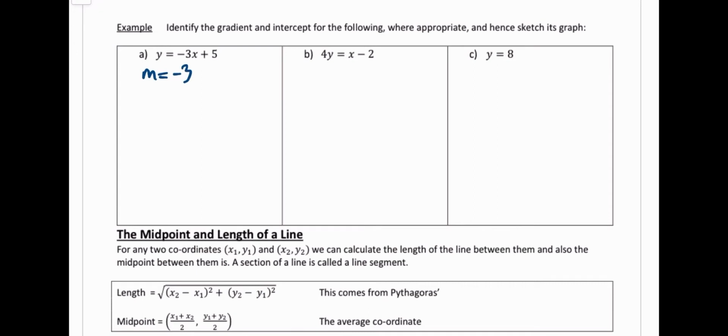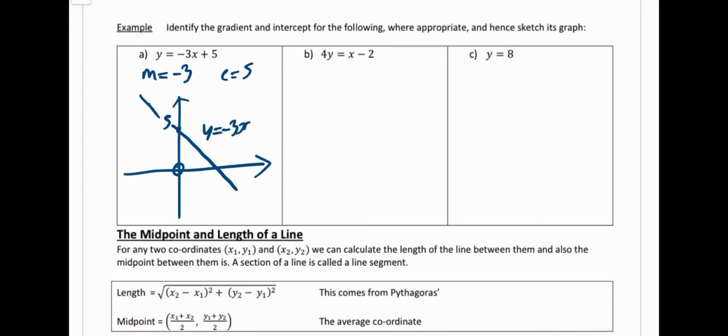So m is equal to -3 and your c is equal to 5. So if you just do a sketch, all you need is your x-axis and y-axis, and it has a positive y-intercept and a negative gradient, so it is that sort of form. And then just label your line whatever way they give it in the question, which is good practice.